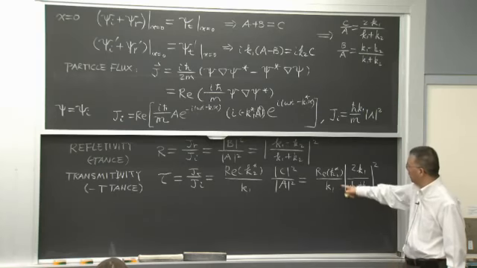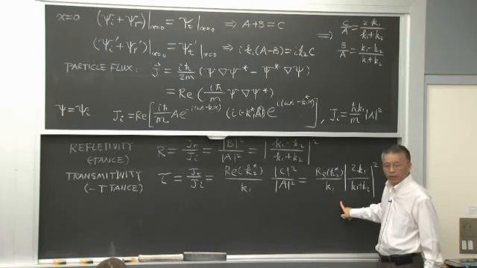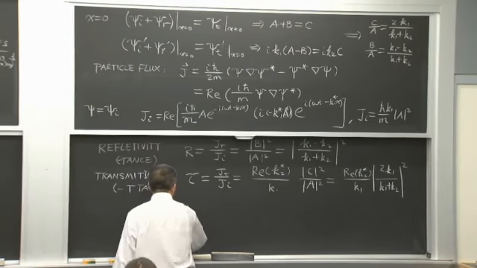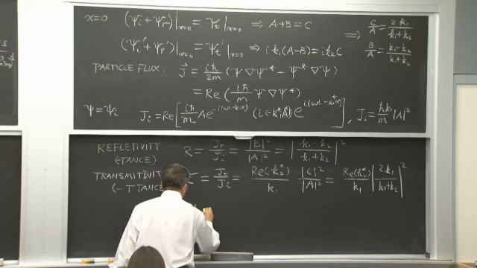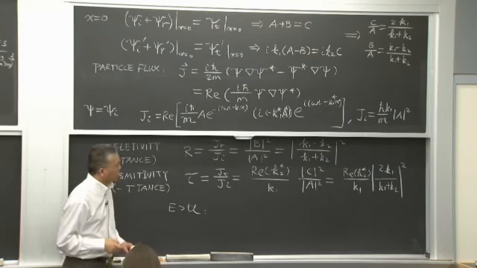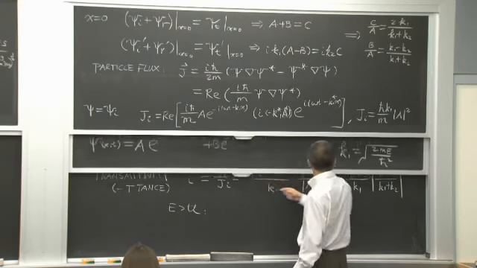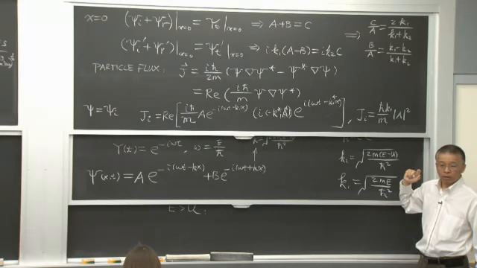Okay. Now, because I carry this real part, I should really look at the different scenarios. First, when energy is larger than U. If energy is larger than U, if you look at k2, it is the square root of 2m(E minus U) over h bar. That's real, right?